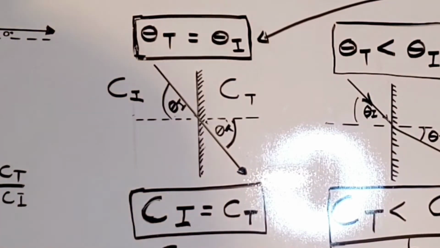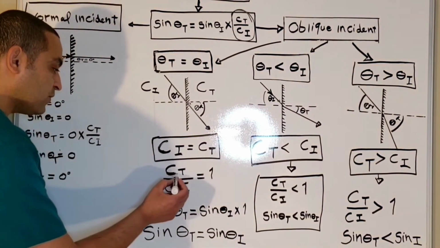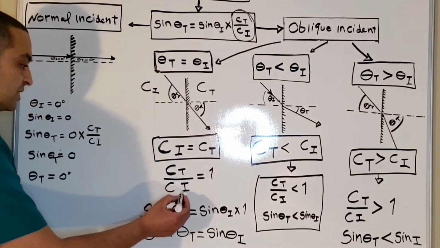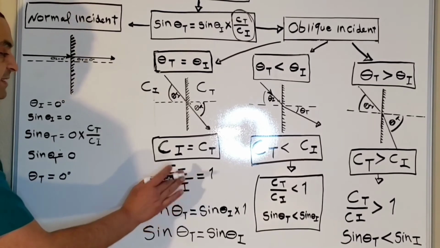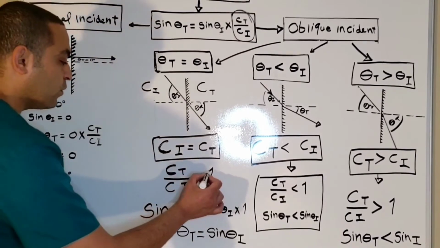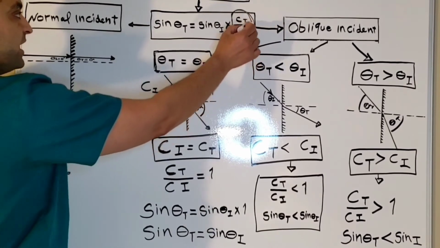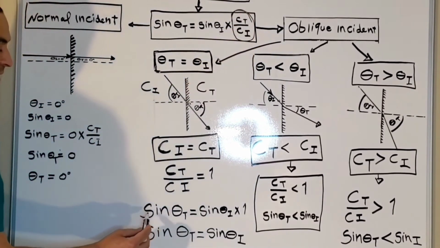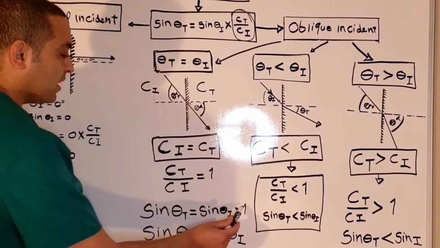So why does this happen? This happens because when we divide the propagation speed of the transmission by the propagation speed of the incident, and because both of them have the same value, the result will equal 1. If we take this part and put 1 instead, the result will be sine theta t equals sine theta I multiplied by 1.